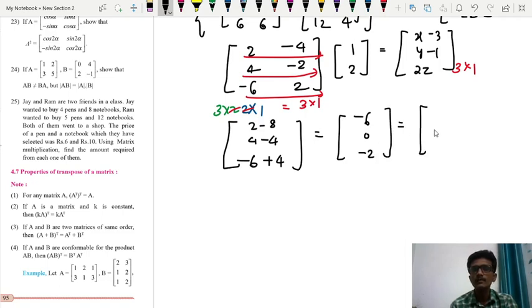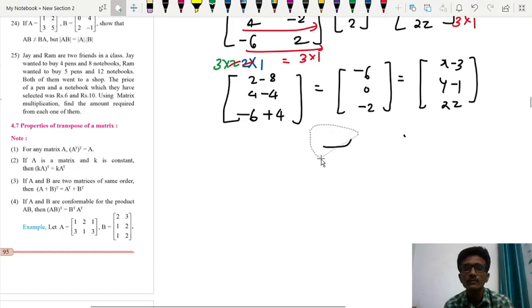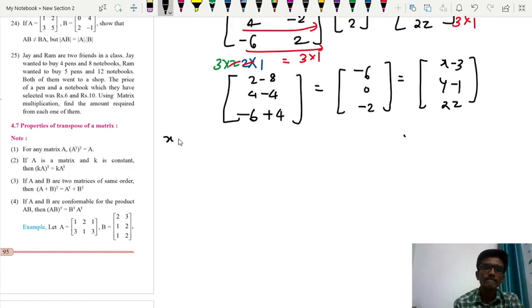What is your right hand side? Right hand side है आपका x minus 3, y minus 1 और 2z. So we equate the corresponding elements. मतलब x minus 3 is equal to minus 6.